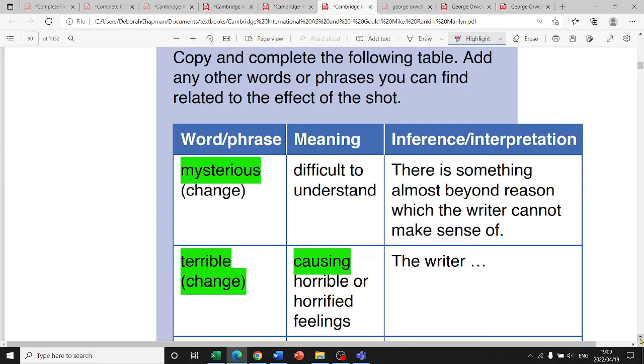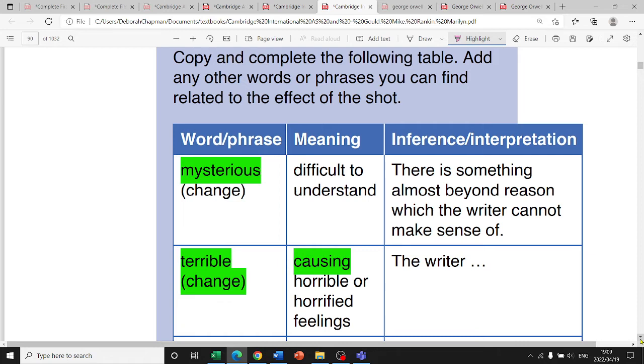Okay. So, terrible. I want you to think about what type of word terrible is. What kind of word is terrible? What does it mean? A horrible feeling?